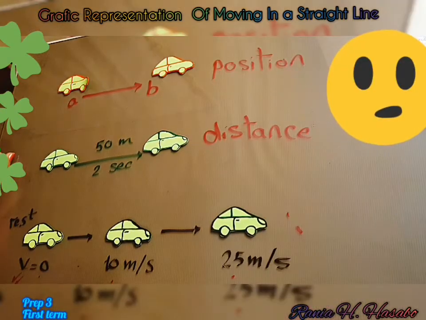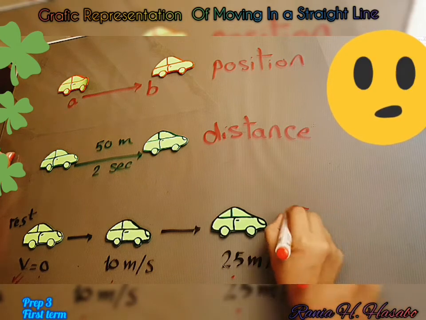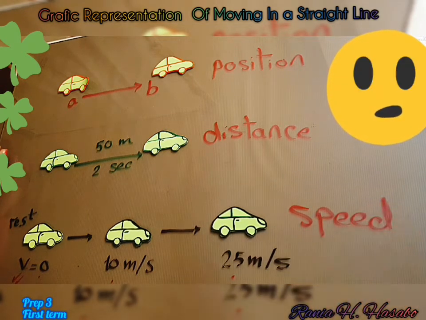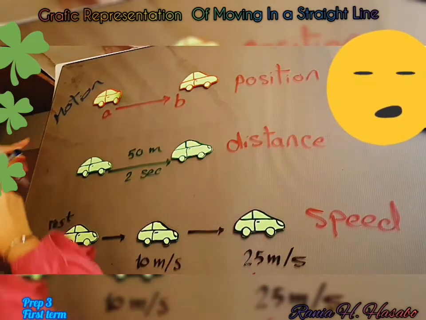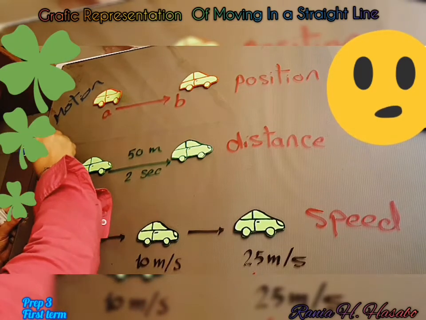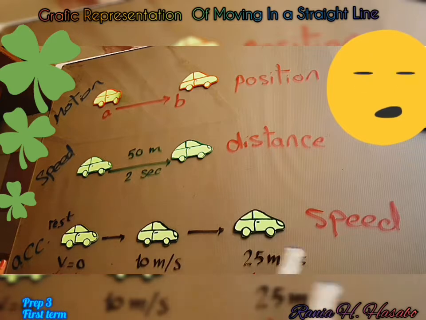But here the interest was in the speed change. The speed increased as time passes. So here we have a new concept, which means the rate of change in speed, which is the acceleration. So motion means a change in object position, while speed means the rate of change in distance, while acceleration means the rate of change in speed.